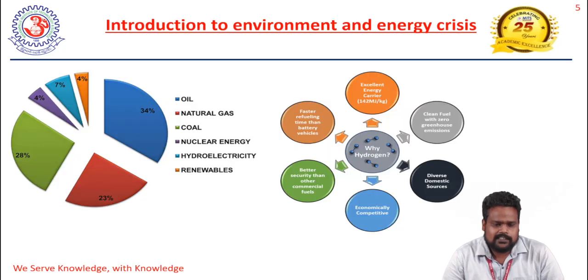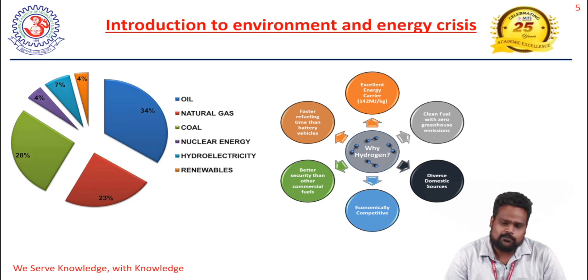We can see in the pie chart that for energy consumption we are depending on a lot of renewable energy sources. That is why we need a potential candidate which can mitigate the global energy crisis, and we can have hydrogen as a sustainable source of energy. Now the question arises, why hydrogen?